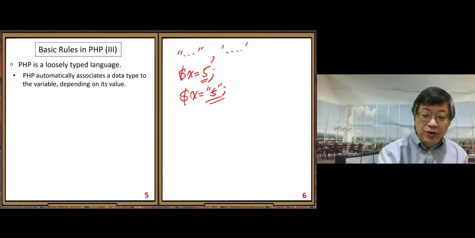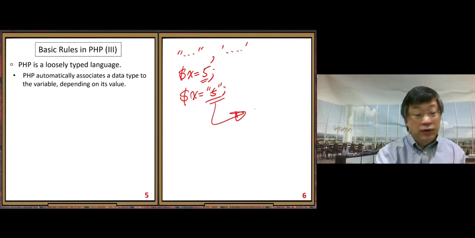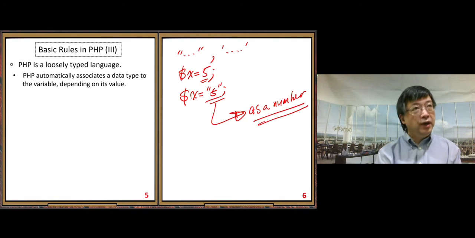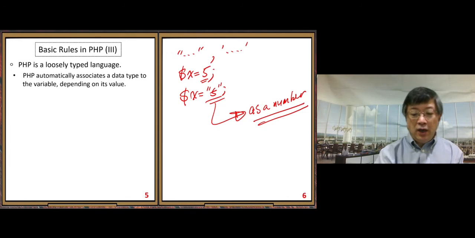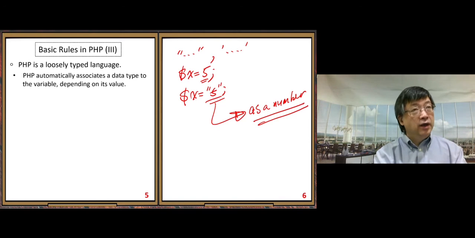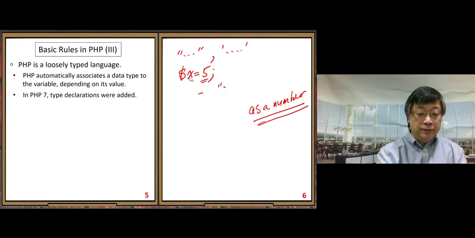Later, if you want to use it as a number, it happens, you need to do a conversion. String to integer number conversion. You need to do it. Yeah, we will get there later when we discuss some examples.